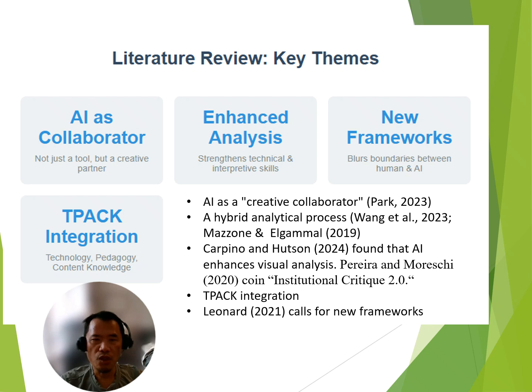Perella and Moroshi offer a provocative perspective, positioning AI's analytical limitations as productive sites for understanding the constructed nature of visual interpretation, what they term institutional critique 2.0. These findings suggest that existing frameworks, including the TPACK model, may be inadequate for AI's transformative impact on creative and analytical tasks.